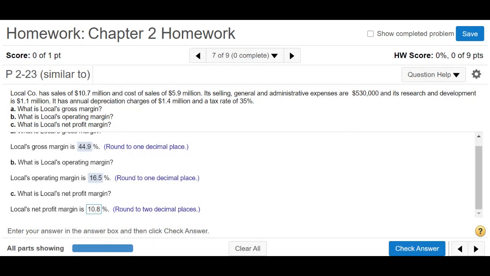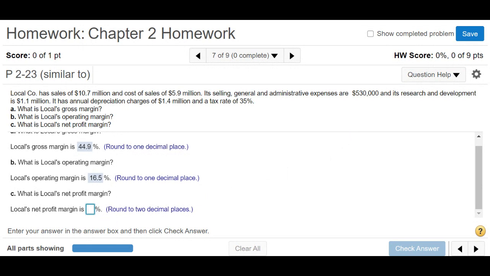Professor, I'm not getting the right total. Let's do this one more time. 10.7 minus 5.9 is 4.8. 4.8 minus 530,000, minus 1,100,000, and minus 1,400,000.